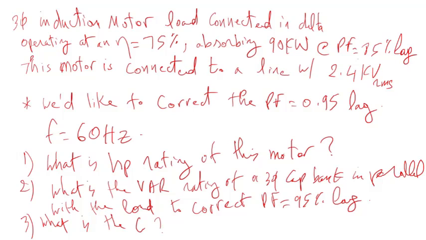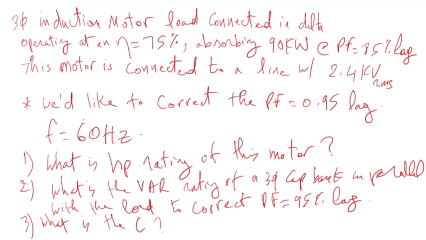So let me just read that problem again. We have a three-phase induction motor load connected in delta, operating at an efficiency of 75%. This motor load absorbs 90 kilowatts at a power factor of 85% lagging. This motor is connected to a line with a 2.4 kV RMS line-to-line voltage.